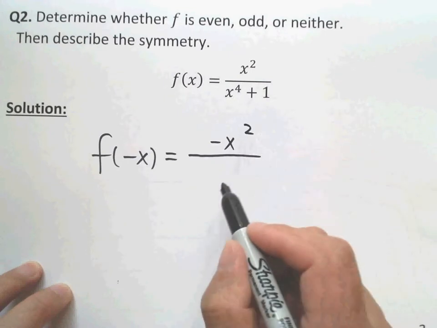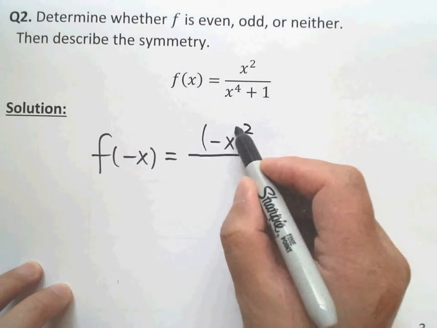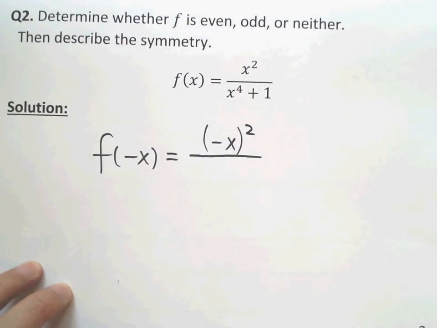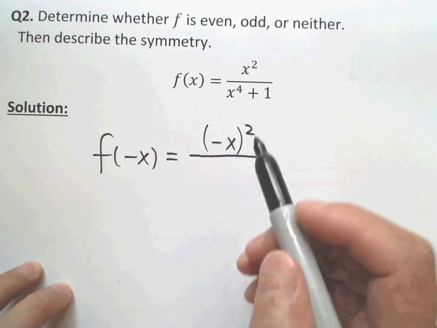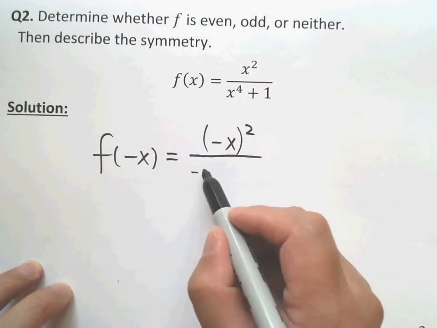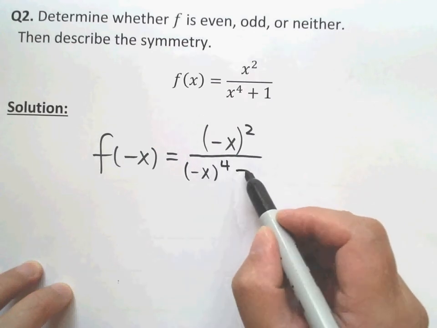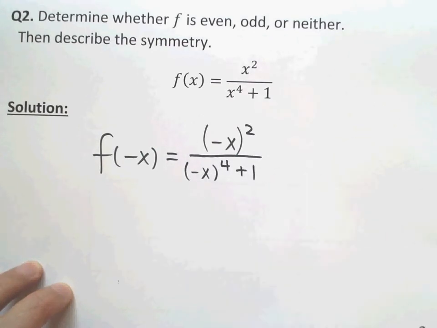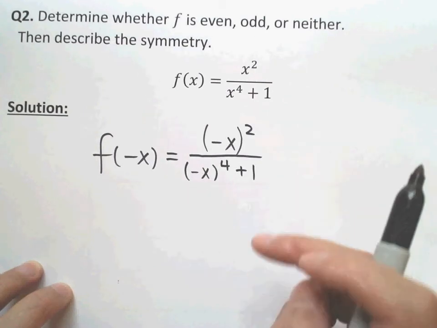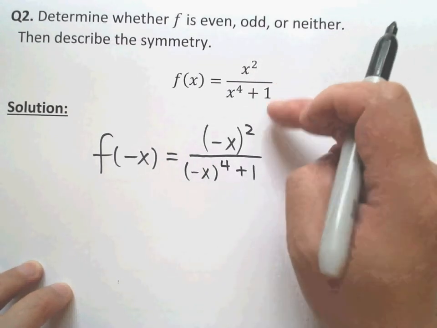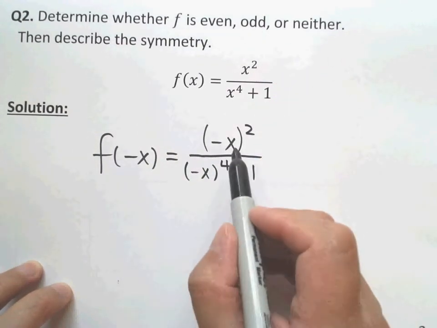Do you think it is correct? No. Don't miss parentheses. Otherwise, it's wrong. So this x is negative x. So the bottom is negative x. Don't miss the parentheses. Plus 1. Simplify, of course. Simplify, then we can compare. Otherwise, it's too complicated to compare.